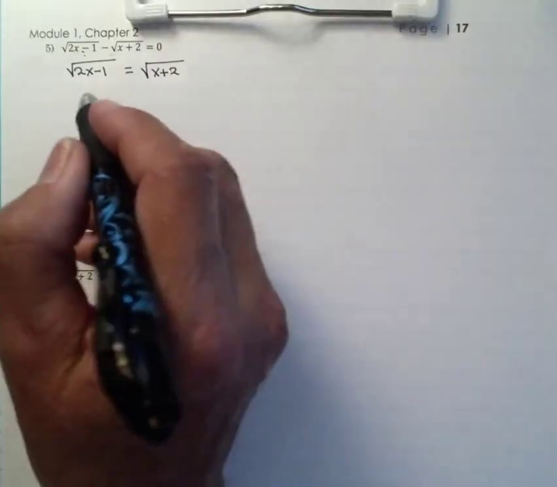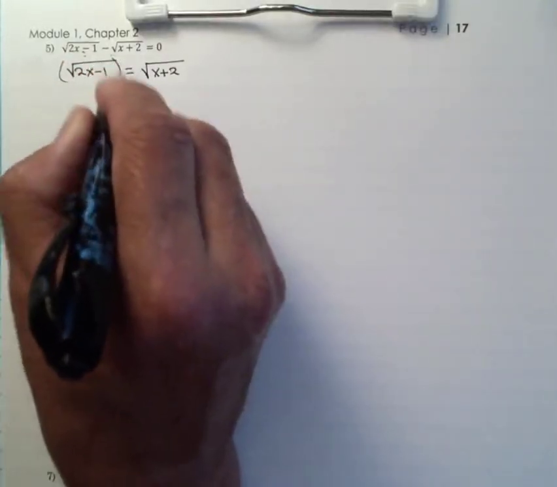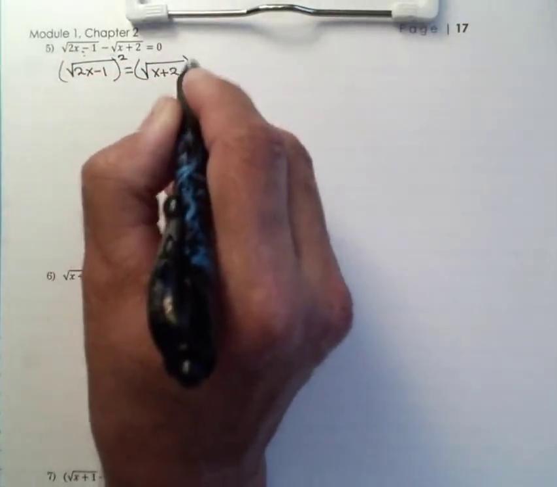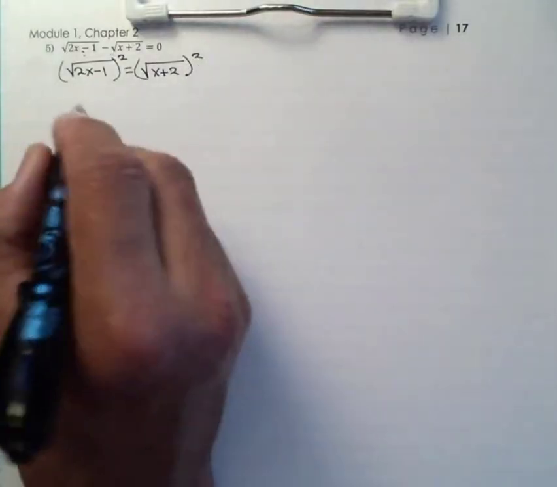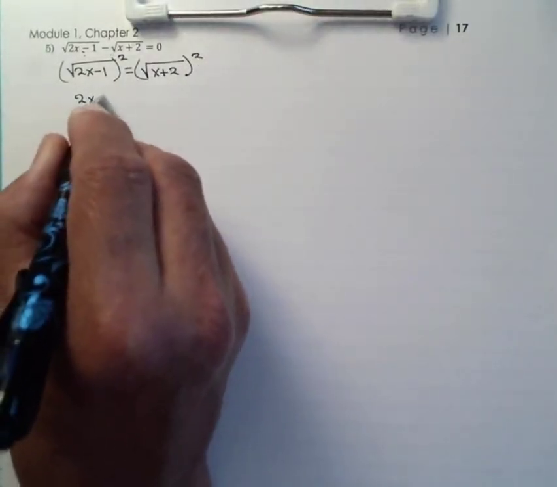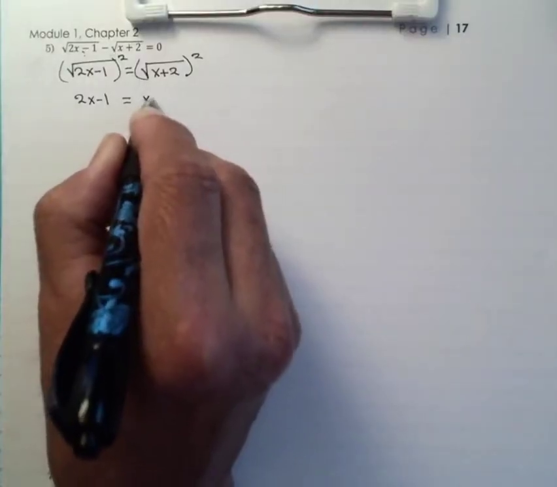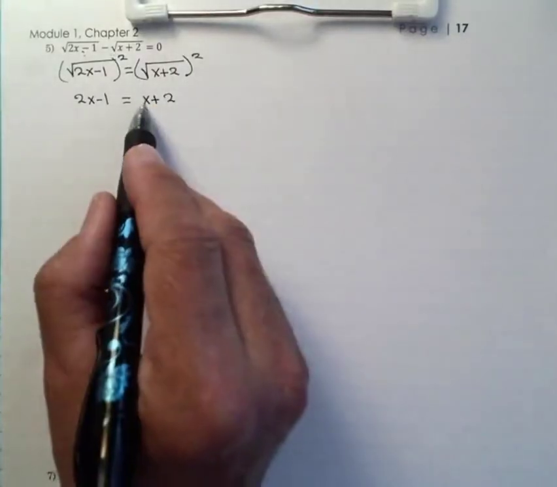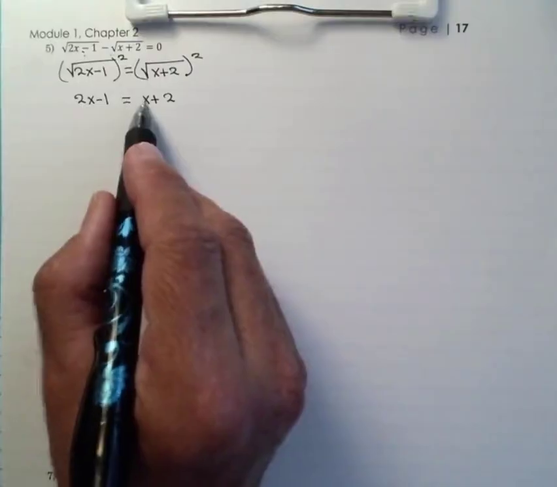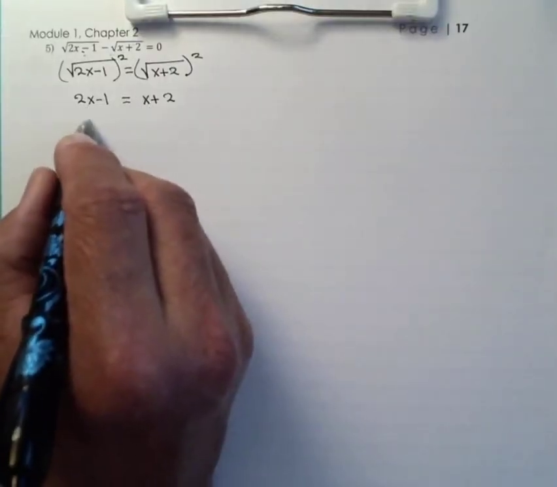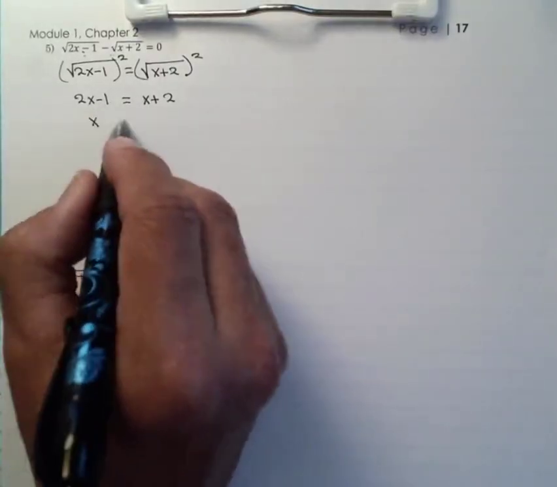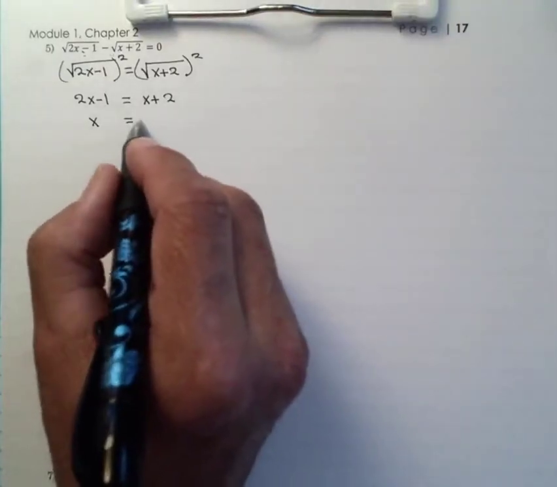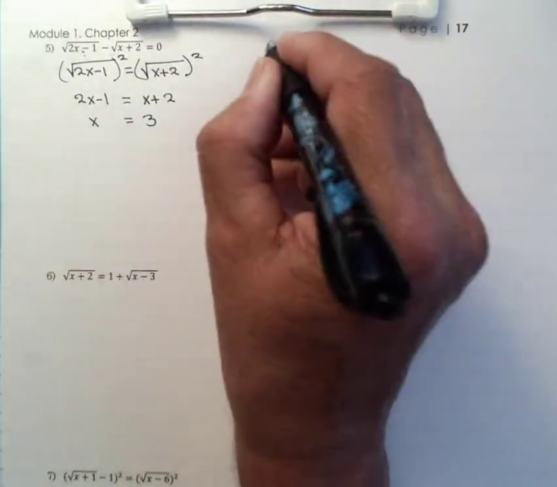So now I just use my strategy to square the square roots, and I end up with 2x minus 1 is equal to x plus 2, which is pretty simple to solve. I'll subtract x from both sides, and that ends up with 2x minus x being x. I'll add 1 to both sides. 2 plus 1 is 3, and x is equal to 3.